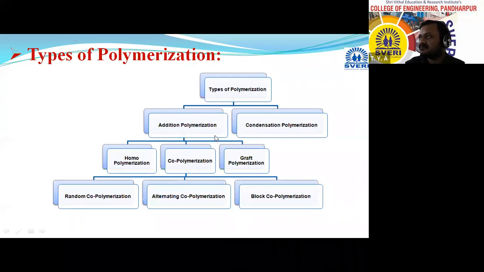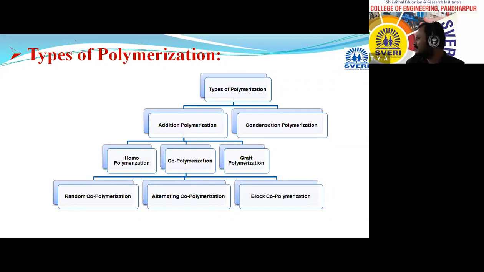Then addition polymerization, depending on the monomers involved or their stitching process, is classified as homopolymerization, copolymerization, and graft polymerization. Further, copolymerization, depending on the monomer arrangement, is classified as random, alternating, and block copolymerization. And one more extra type we have discussed, that is coordination polymerization. So in today's session, we have completed polymerization and its different types.